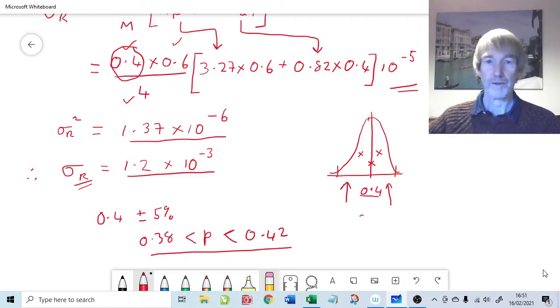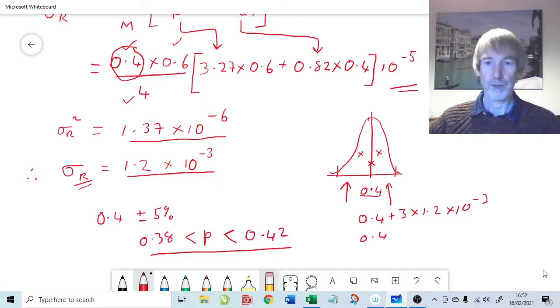We would expect 0.4 plus 3 times 1.2 times 10 to the minus 3, which is 3.6, doesn't it?